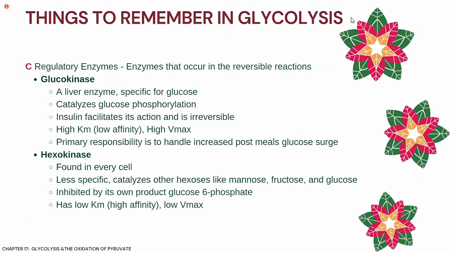It is inhibited by its own product, glucose-6-phosphate, while glucokinase is not inhibited by its own end product. Okay? And in contrast to glucokinase, hexokinase has low Km.